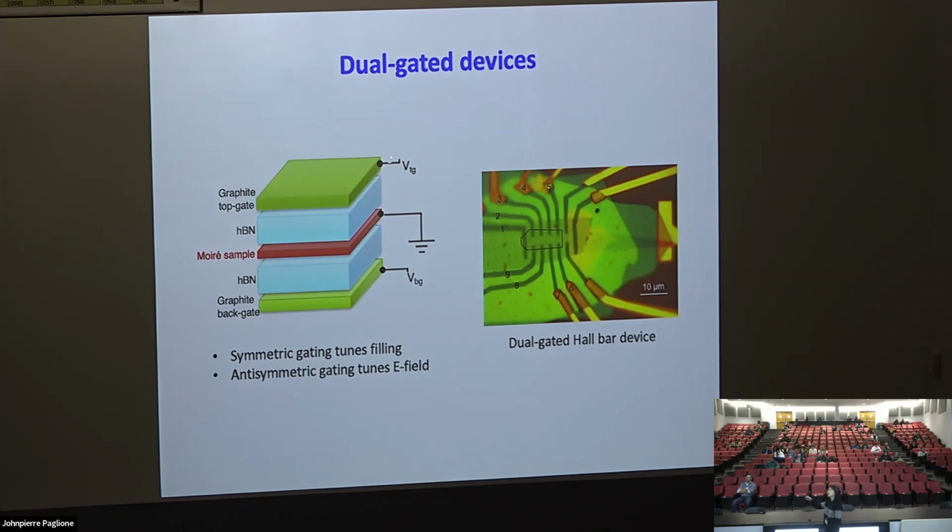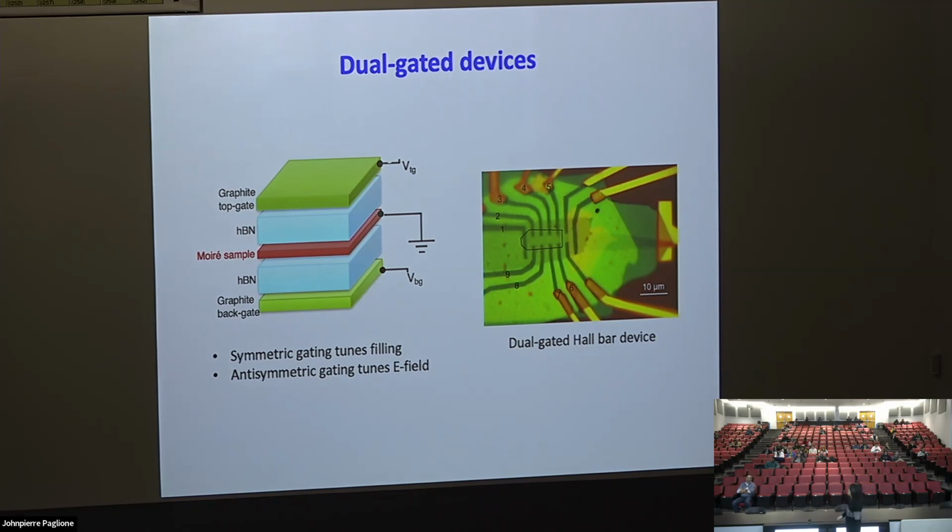So with the two gate voltages, you have two degrees of freedom, so you can change two things independently. Let's imagine the thickness of the hBN is identical on the top and the bottom. Then if I put plus 1 volt here and plus 1 volt here, the electric field across the sample is 0.